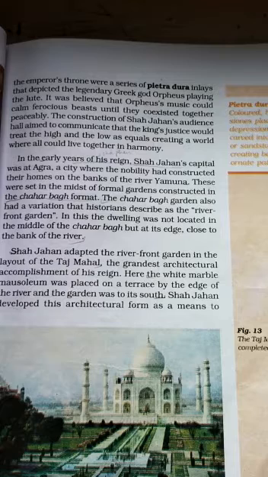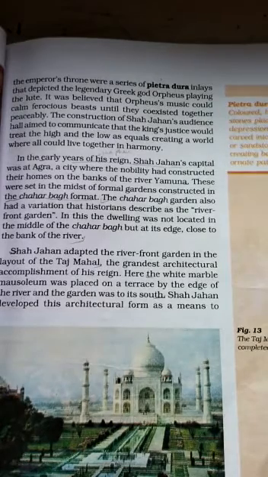This Chahar Bagh garden had varieties, including the riverfront type. The dwelling was not located in the middle of the Chahar Bagh but at the edge, close to the bank of the river. Shah Jahan adopted this riverfront garden in the layout of the Taj Mahal. The white marble mausoleum was placed on a terrace by the edge of the river, and the garden was to its south.